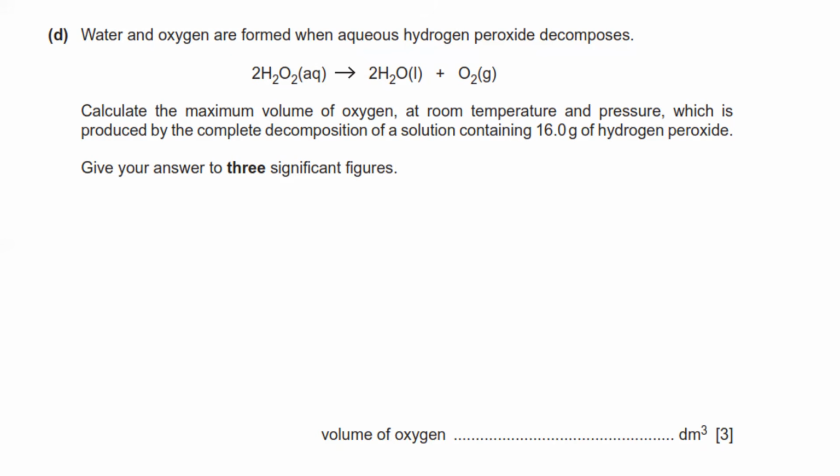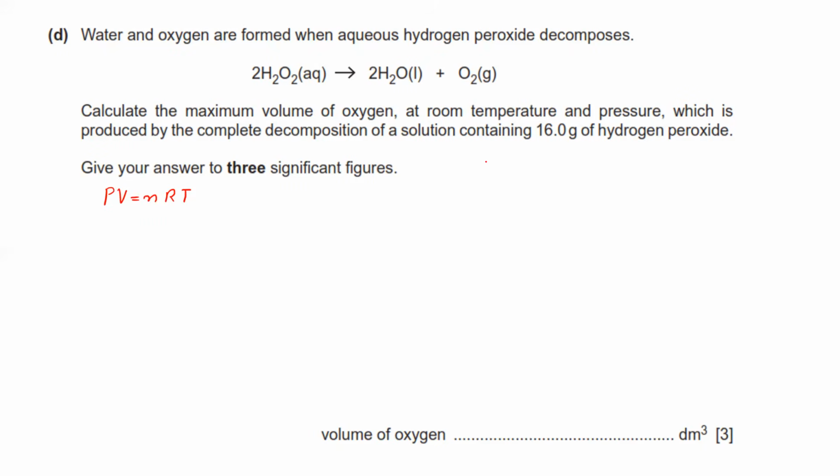So remember the formula which we'll be using here is PV equals nRT. So let's see what values are given to us. Just calculate the maximum volume of oxygen at room temperature and pressure.